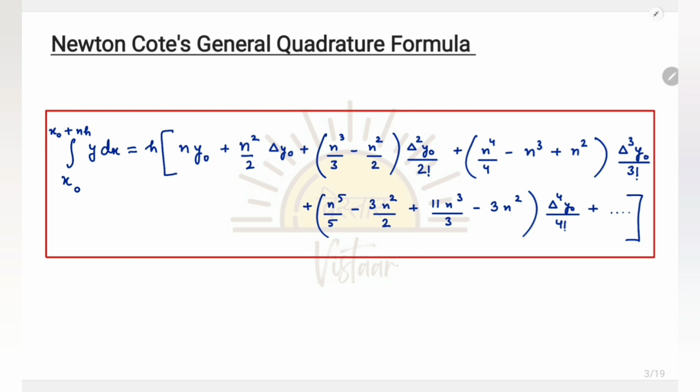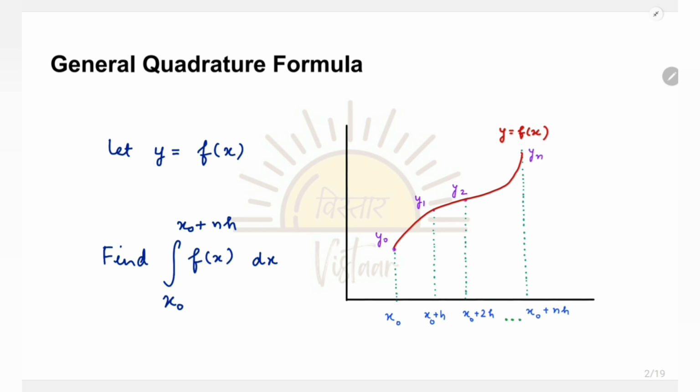Let's quickly recall the Newton-Cotes general quadrature formula. This formula was derived from the definite integral of area under the curve. Here you can see that we have found the integral of f(x) dx from the limits x0 up to x0 plus nh, and the function f(x) is from y0 to yn.